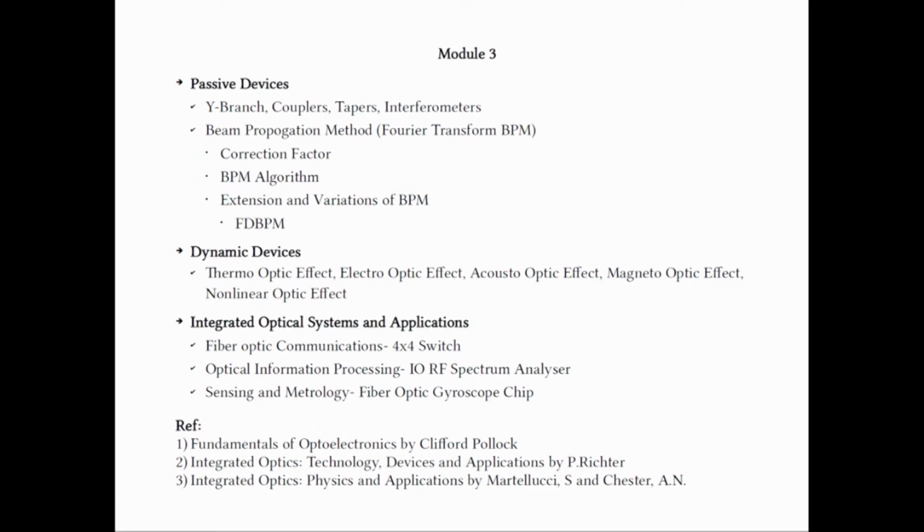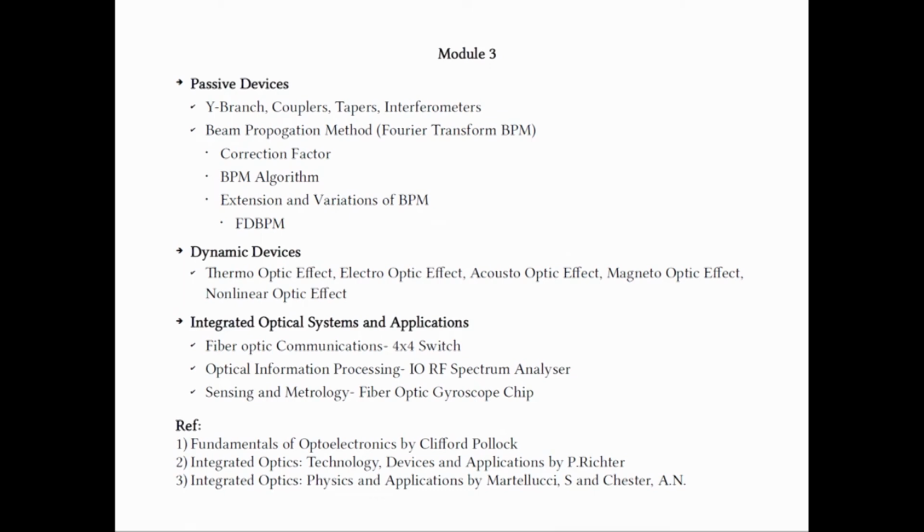In the first step you take the Fourier transform of the input beam, which gives the spectrum of various components of the input beam, and then in the second phase we apply a correction factor so that the refractive index variation is incorporated into that.